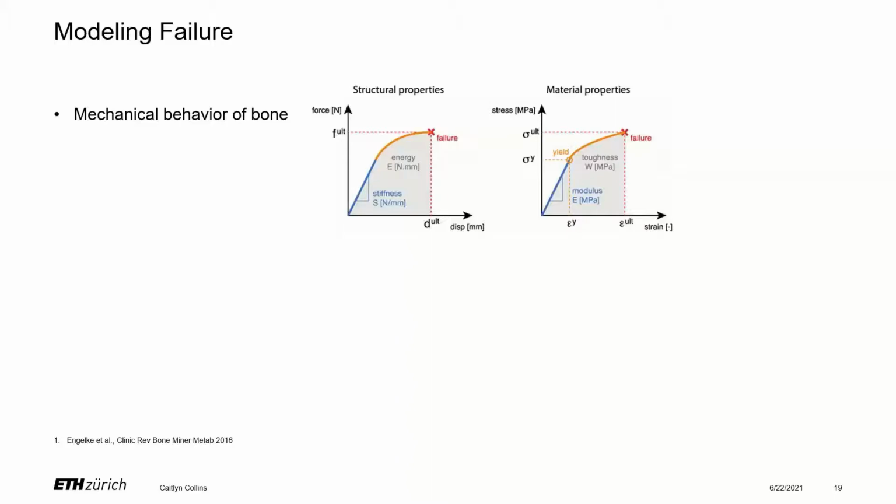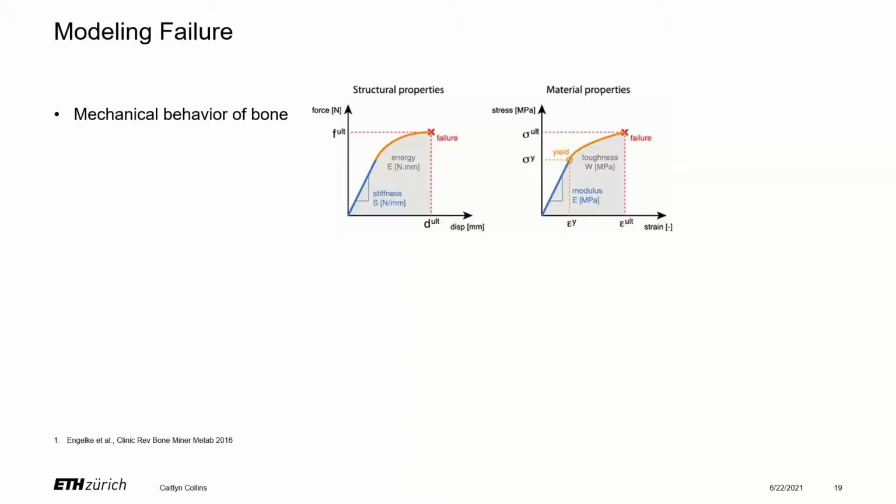So here you can see that the force versus displacement curve shows this linear region where we can derive the stiffness of our material or stiffness of our structure. And then as it starts to fail in this orange nonlinear region, damage is occurring up until the point of failure.